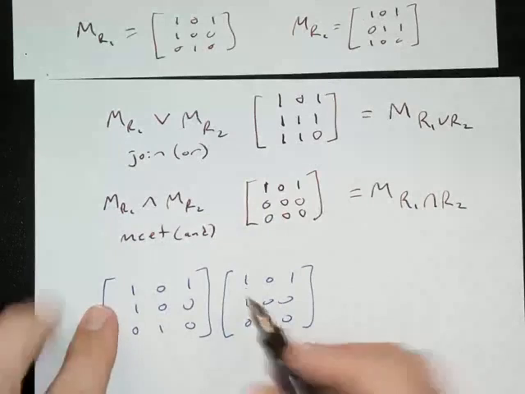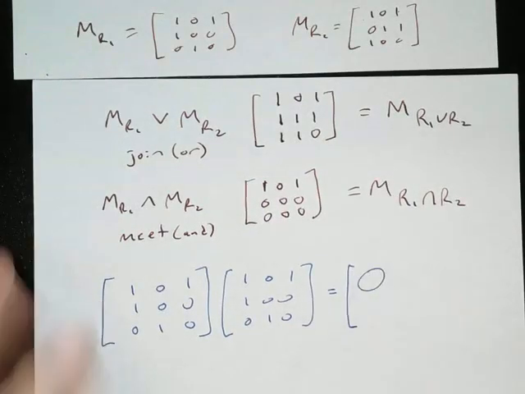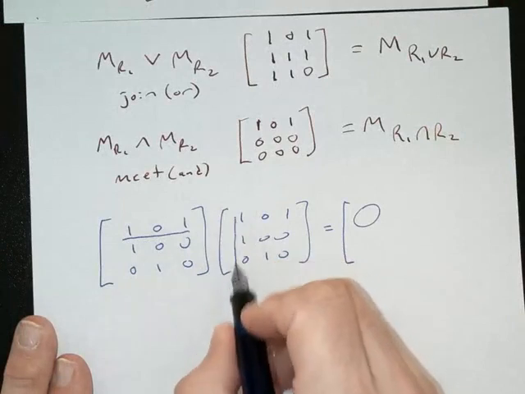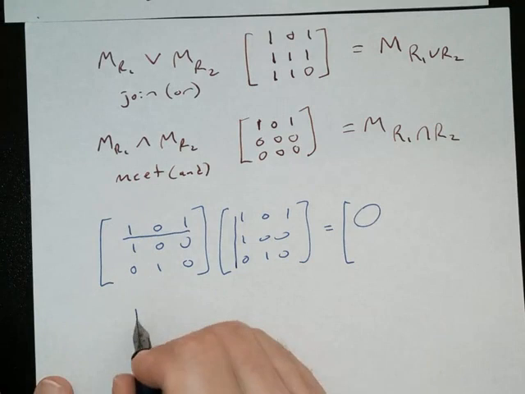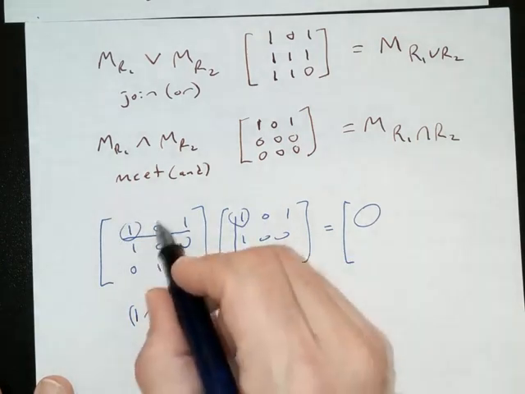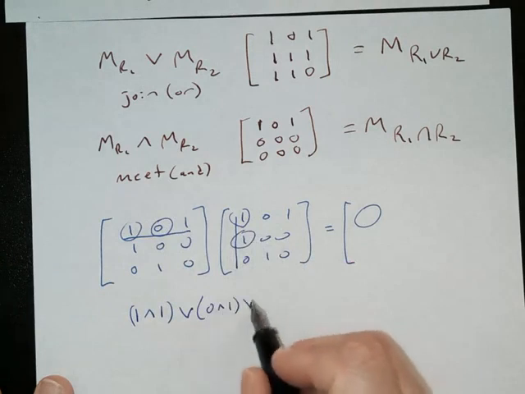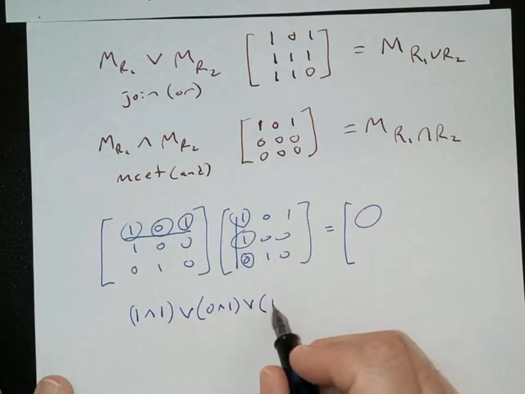Okay, so we're going to do row 1 and column 1, and the answer goes in the row 1, column 1 spot. So I take the first row and the first column, and I do 1 and 1, first entry, or 0 and 1, or 1 and 0.